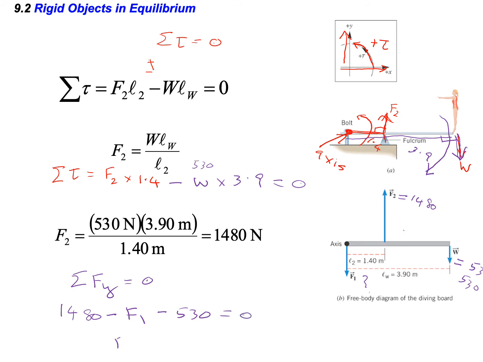So now you can solve for F1, which is equal to 1480 minus 530. And then you can use this linear equation to calculate the remaining force. Whether you use this as rotational axis or that as rotational axis, you still get the same forces once you calculate these forces.